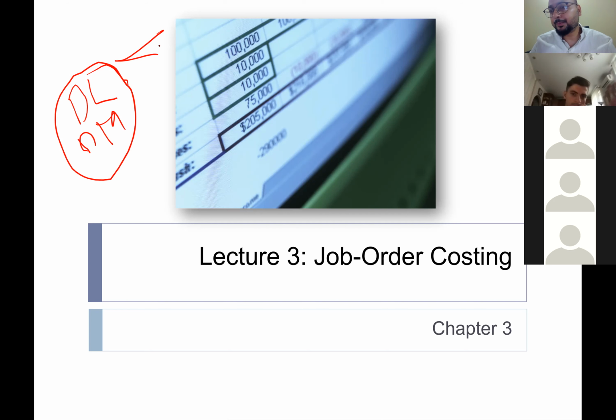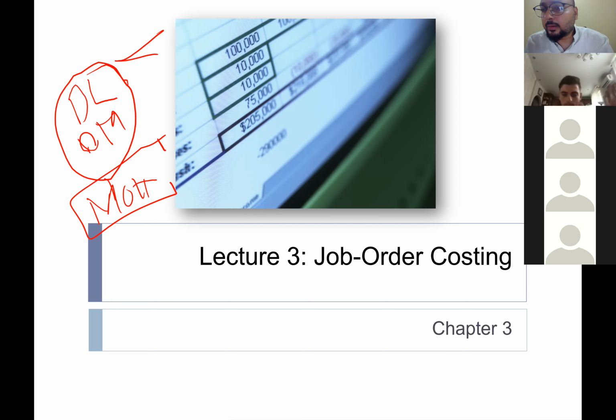It's fairly evident. Now things get a little bit difficult when you want to find out the cost of manufacturing overhead, because manufacturing overhead includes both material and labor which you cannot allocate directly, which means indirect labor and indirect material are added to manufacturing overhead.